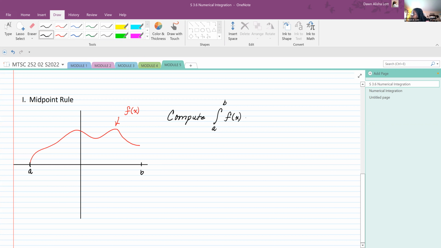But I know from Calc 1 that that's just the area under the curve. So what I'm going to do is take this region from a to b and divide it up into n subintervals.